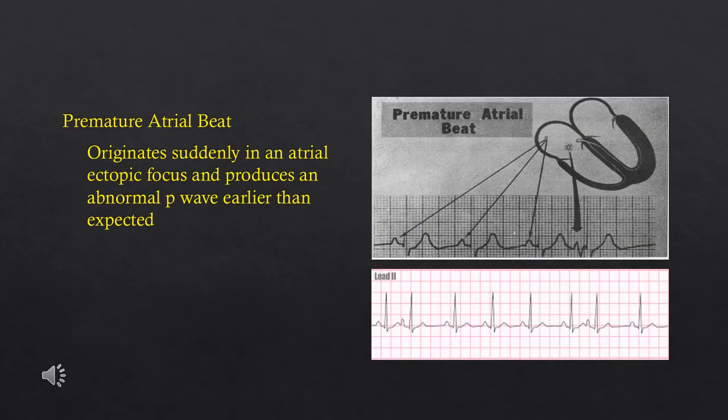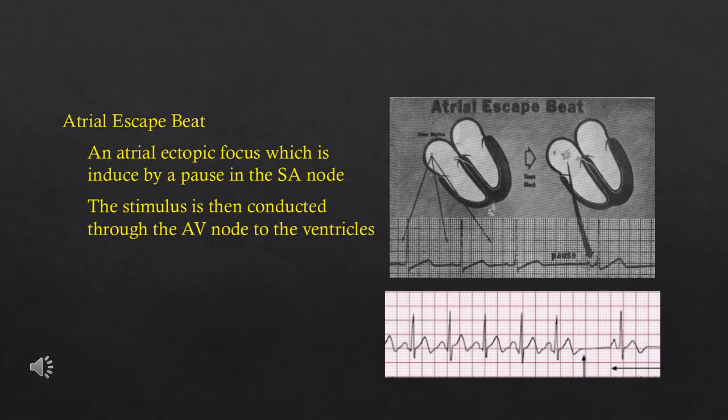A premature atrial beat originates suddenly in an atrial ectopic focus and introduces an abnormal P wave earlier than expected. Atrial escape beat is an atrial ectopic focus which is induced by a pause in the SA node. The stimulus is then conducted through the AV node to the ventricle.